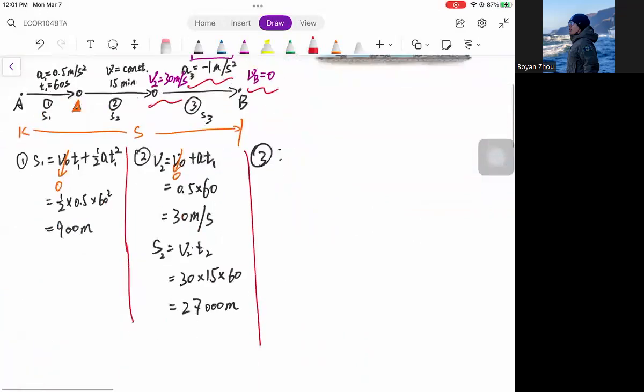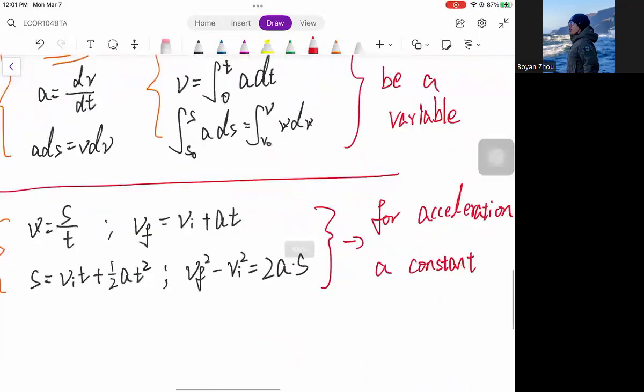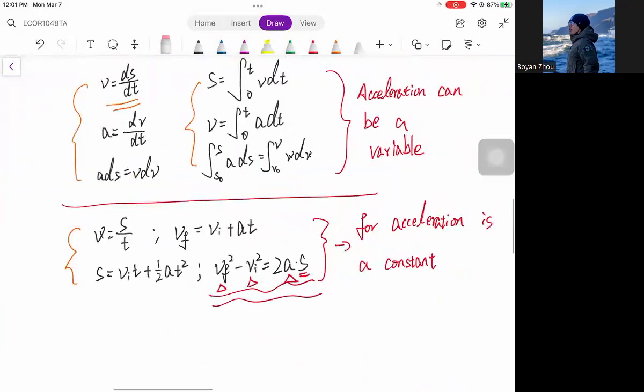So going back to our equation, there's actually an easier way to do that. It's gonna be this one. We know the final velocity, we know the initial velocity, and we also know the acceleration, and this is the only thing we're looking for. So I'm gonna use this equation to do that.